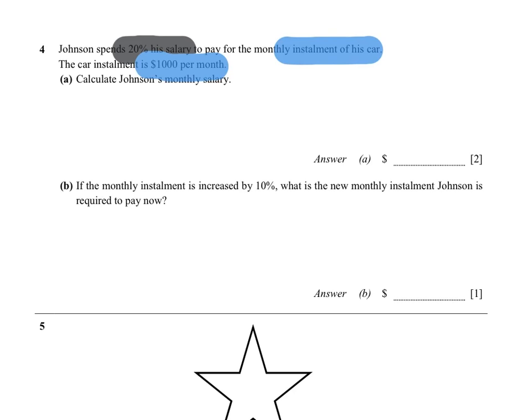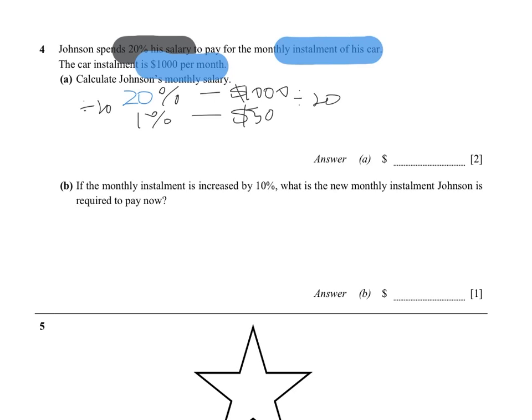So we have a comparison: 20% of his salary is for the installment, which is $1,000. So if I look at 1%, it will be divided by 20.